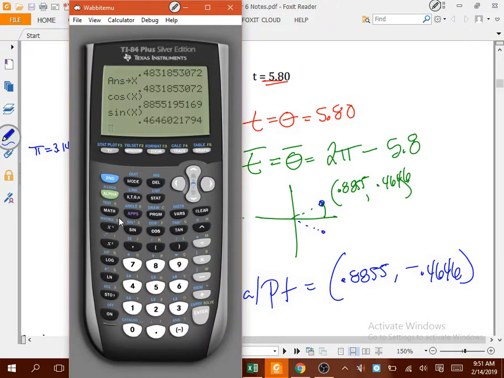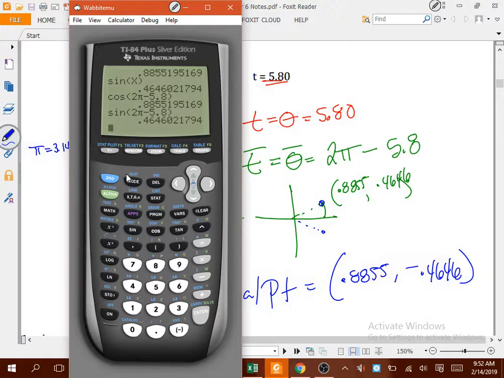What is actually going on here? What did we just find here? We just found the cosine of 2 pi minus 5.8. It should spit back that 0.8855 number. And we just found the sine of that 2 pi minus 5.8. It should spit back the 0.4646 number, but it should be negative.